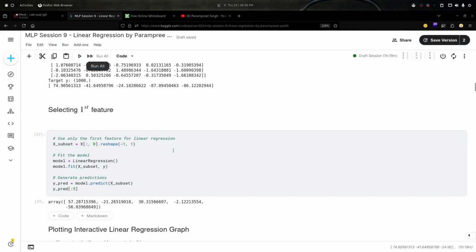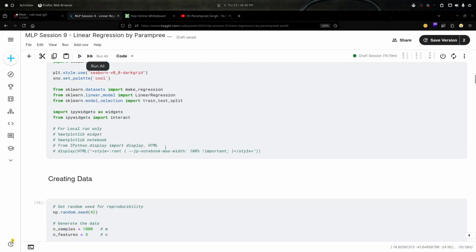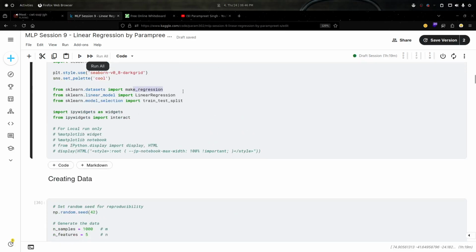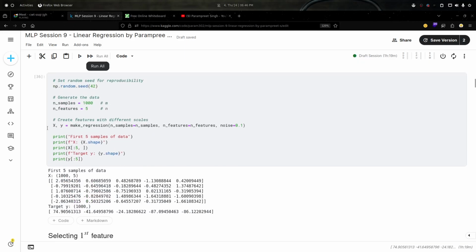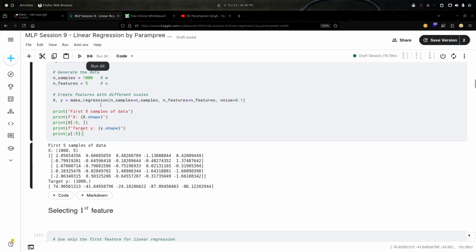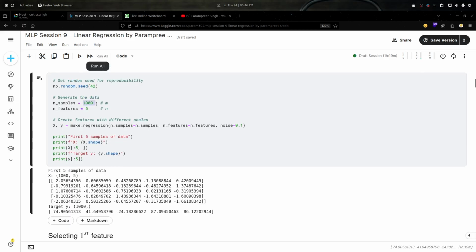Just to give you a simple overview, basically I am using the make_regression function from the scikit-learn library and creating a regression dataset. We have 1000 samples, which is the m, and 5 features, which is the n.